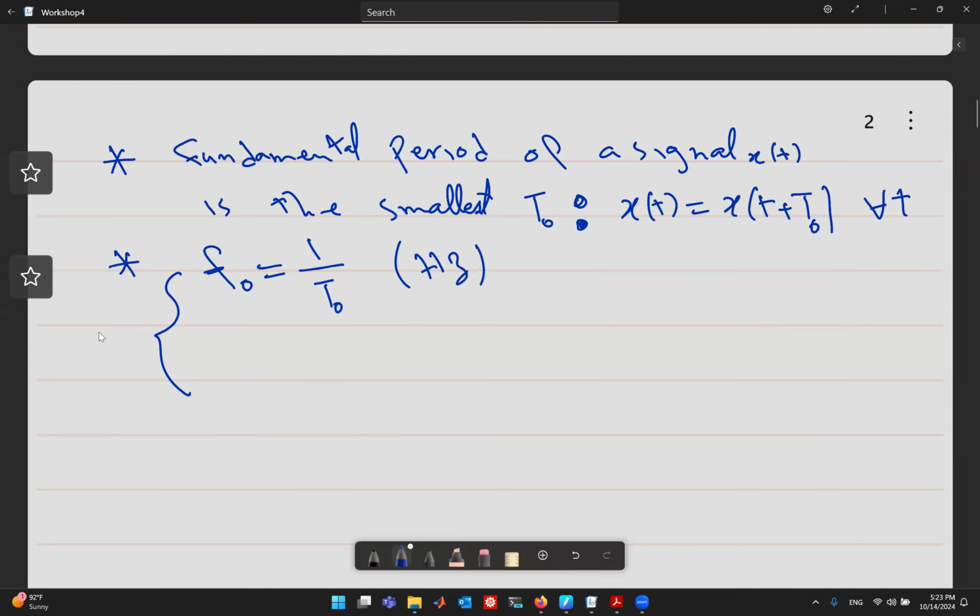We can also define the frequency in radians per second by using omega 0 equals 2 pi f0. This is in radians per second.